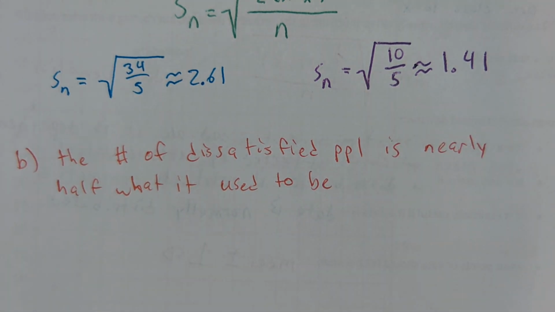Now, what about these standard deviations? Well, the smaller standard deviation tells us that there's less variability in the number of dissatisfied people. It's almost like the vaccination box and whisker plots that we were looking at, where the tight box told us that was a more predictable medicine. This is the same idea. A smaller standard deviation says that there's less variability in the study.